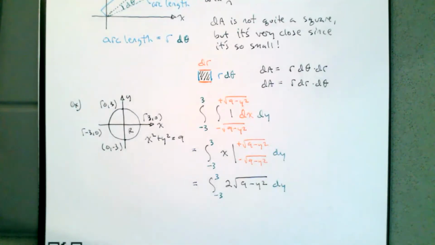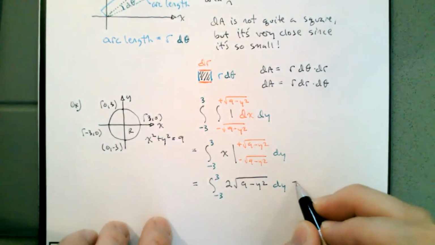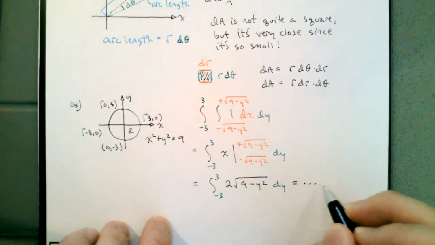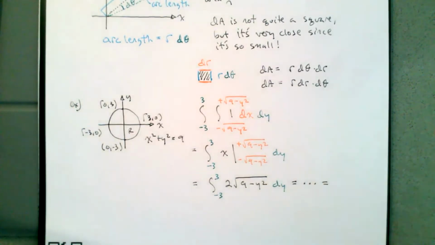So here's the problem that we run into. We have to do some trigonometric substitution, so we're kind of sad about that. But if we were going to integrate this by hand, that would be where the trigonometric substitution goes.